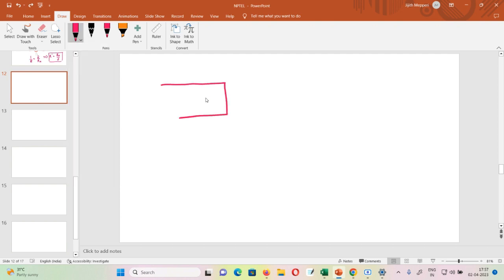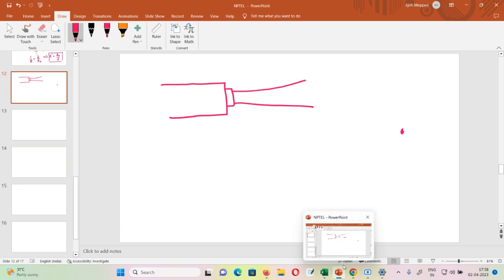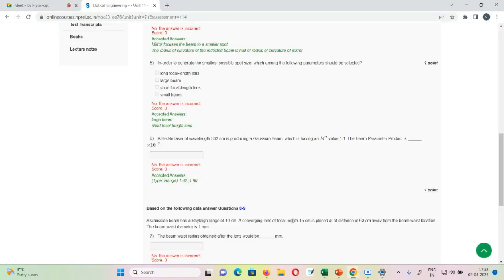You will have a laser beam, and you want a very small spot size. So what are the parameters you can change? Now you see that in order to generate the smallest possible spot size, which among the following parameters should be selected?